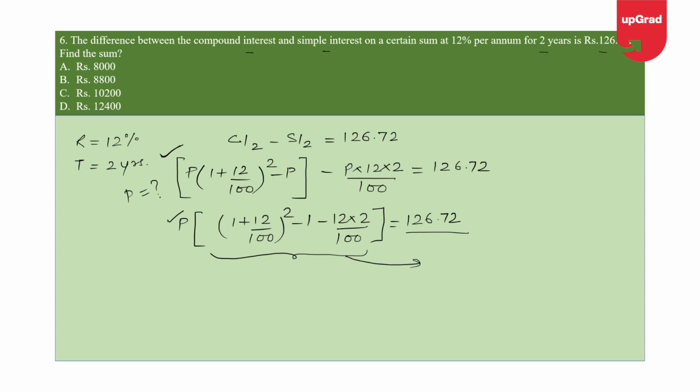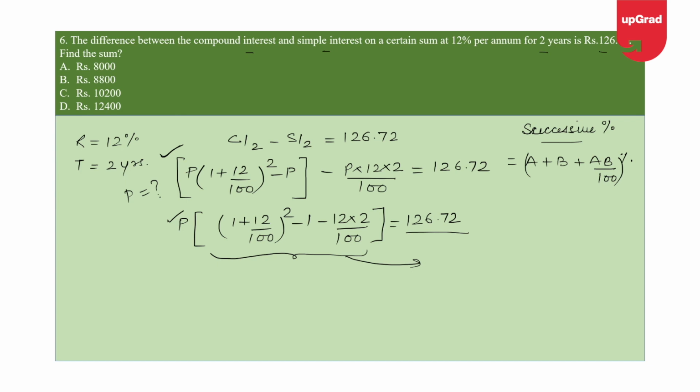I have a very interesting method that I've used in so many questions so far in this video, and that's successive percentage, which is equal to A plus B plus AB upon 100 percent. Now, what does that mean? Let's see.